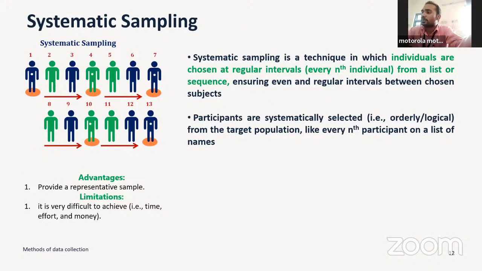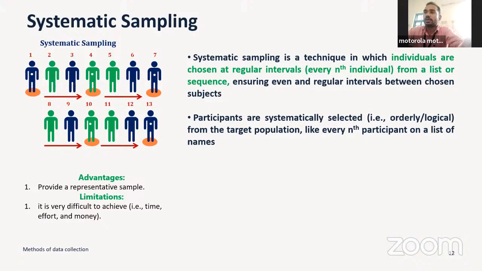The next probability sampling method is the systematic sampling method. In the last method we selected the sample based on randomization. Here we select the sample systematically. This is also probability sampling.